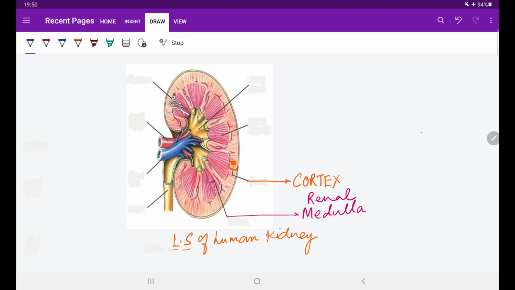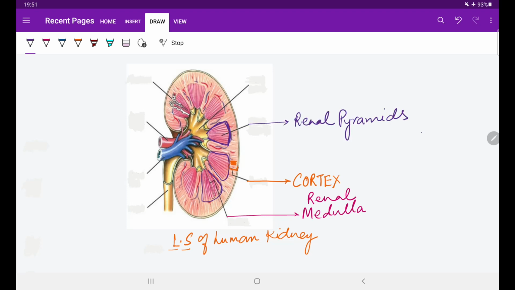The renal medulla is further divided into 8 renal pyramids, which have the broad base towards the cortex and the conical portion towards the center. These are called the renal pyramids.